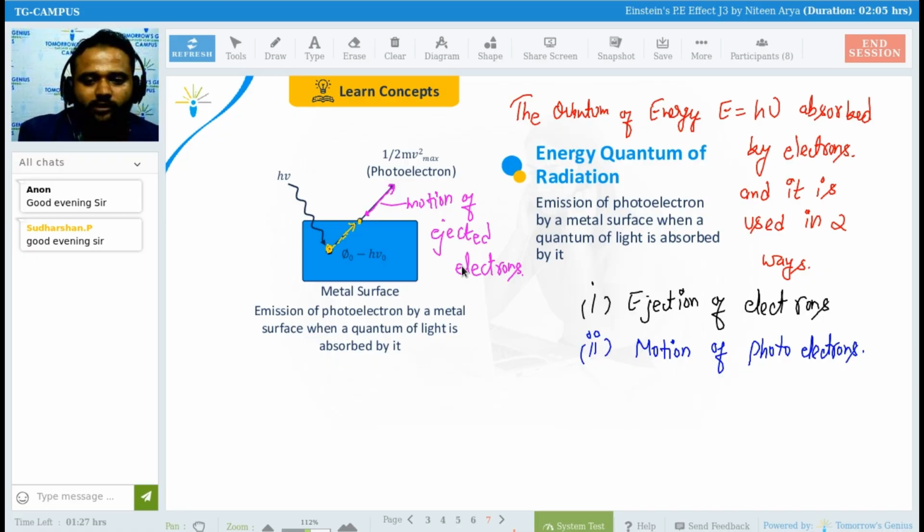Emission of photoelectron by a metal surface when a quantum of energy is absorbed. This is the same thing. Clear, everyone? We already know this.